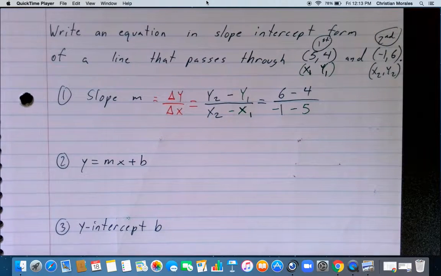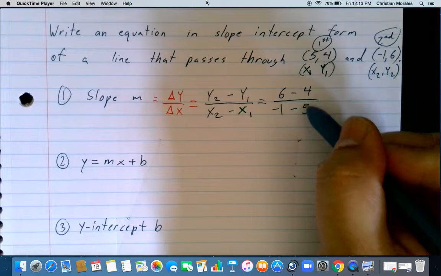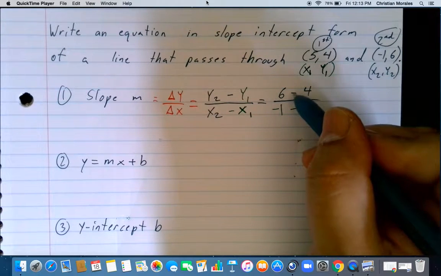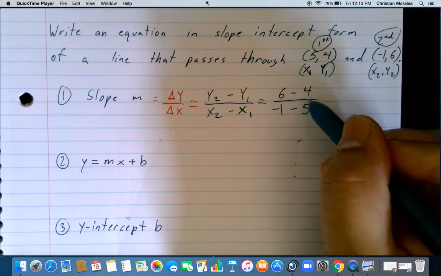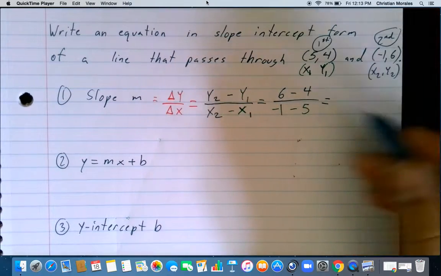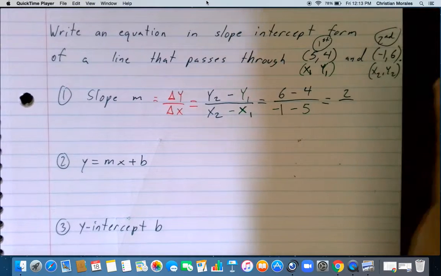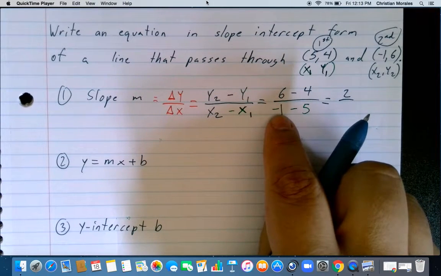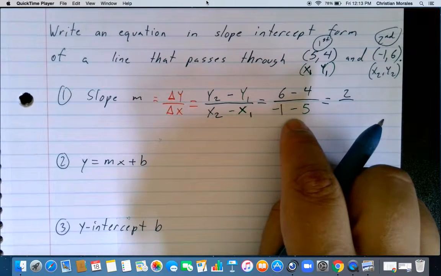Now, be careful. If you plug in a negative for these numbers right here, it could change it. A minus and a minus would change it to a plus. Luckily, we don't have that issue. So now we just subtract. 6 minus 4, that's 2. Oh, wait, that's a negative 1. Negative 1 minus 5.